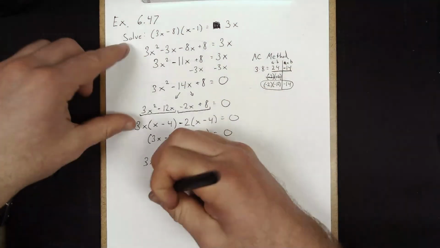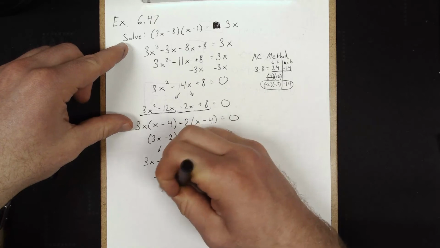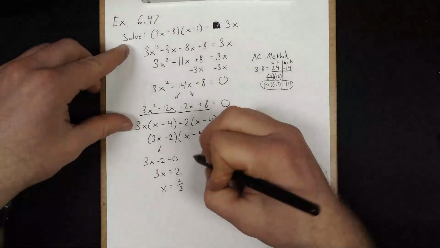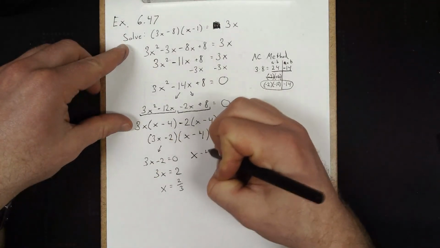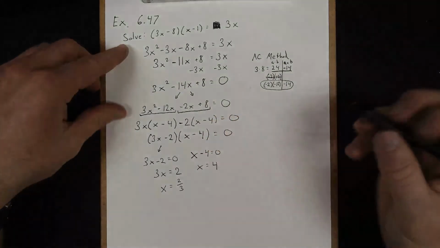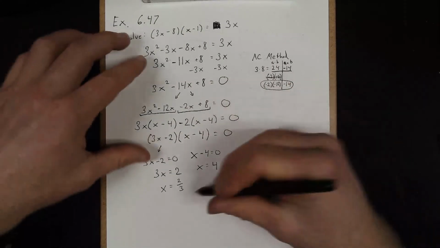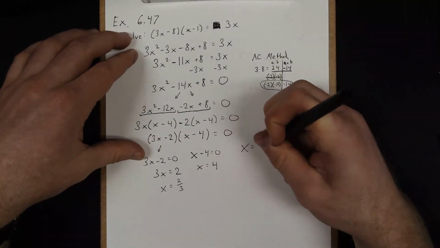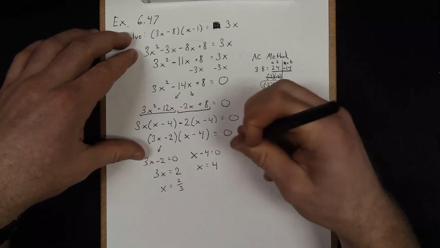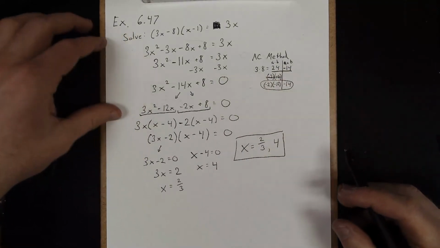Add our 2 over, divide by 3, and we end up with x equal to 2/3. The other, x is just equal to 4. So our final answer: 2/3 is smaller than 4. So there you go.